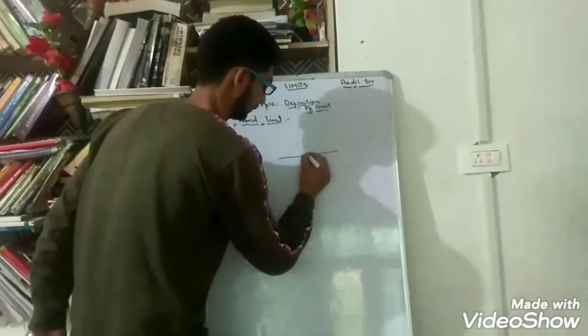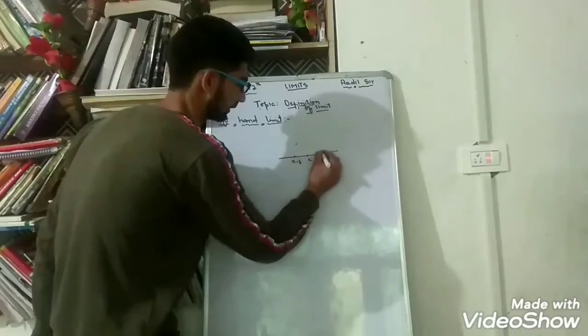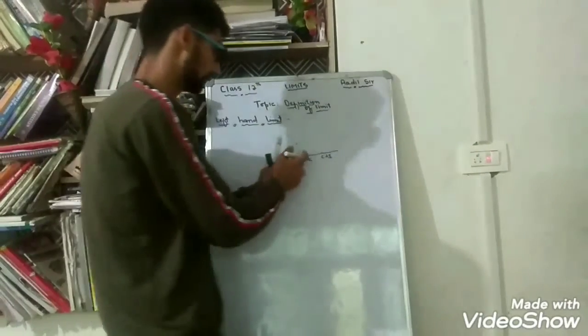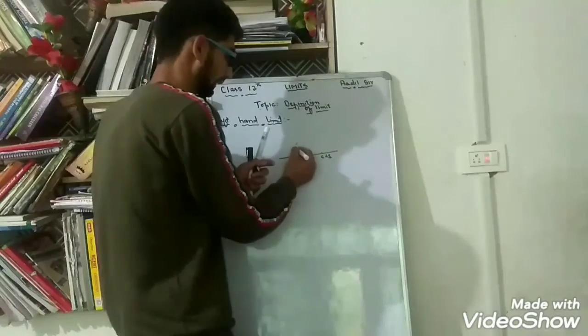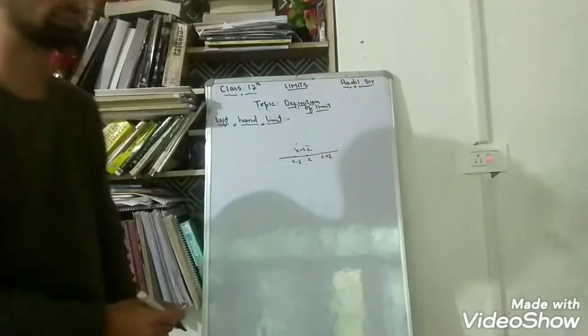We know, beta, that if this is our point c, and this is c minus delta and this is c plus delta, the points that are between c minus delta and c, we are taking them as x tends to c negative.